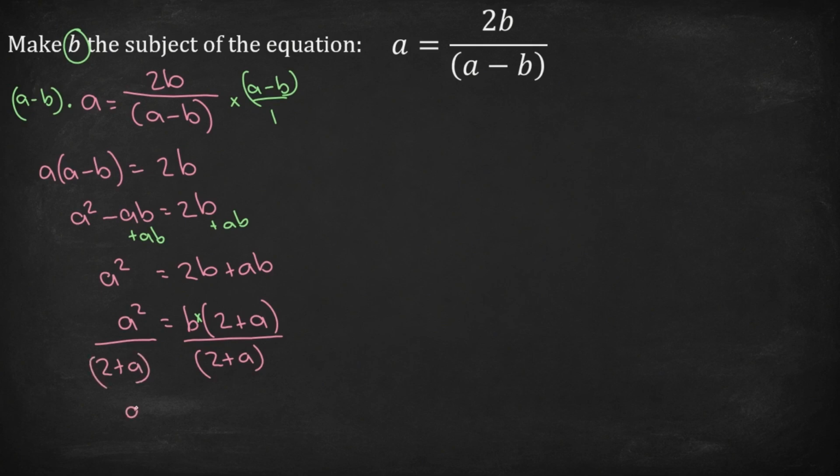And that gives us a squared over 2 plus a, or a plus 2, that is the same thing, equals b. And as you should know already, we like to write our subject on the left-hand side of the equation, so I'm just going to swap both sides. b equals a squared over a plus 2. And that is your final answer.